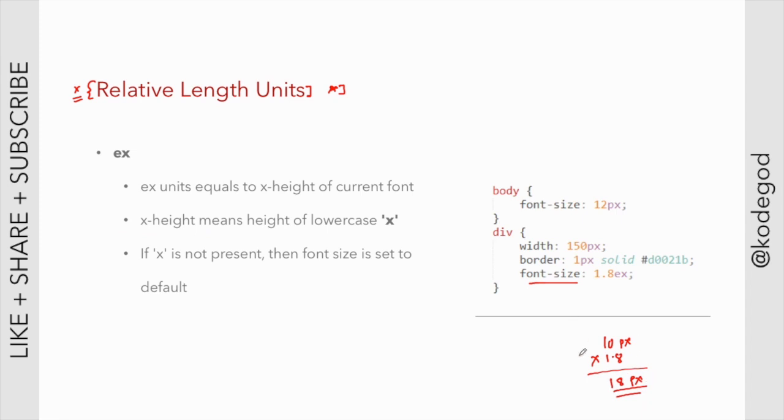Okay, so a fairly larger font. If you write the multiple as 0.5ex, then the answer would be 5px, because we are assuming that the default size is 10 pixels, so half of it is 5 pixels. So this will be the output of this particular CSS code.